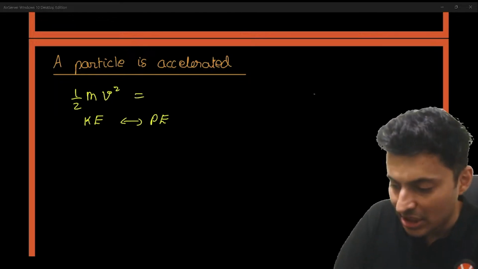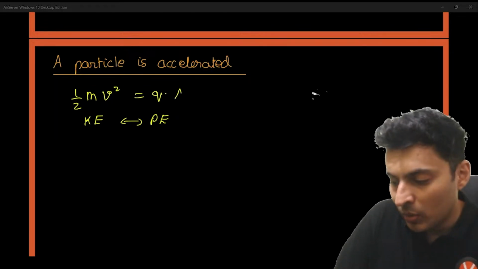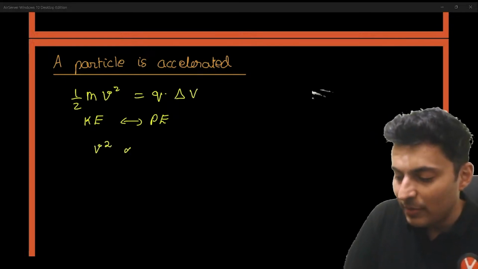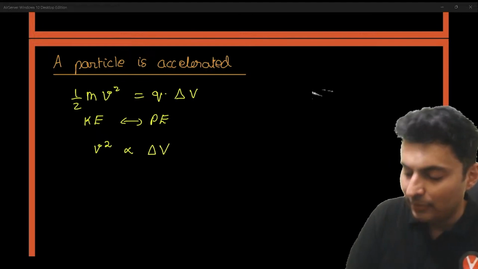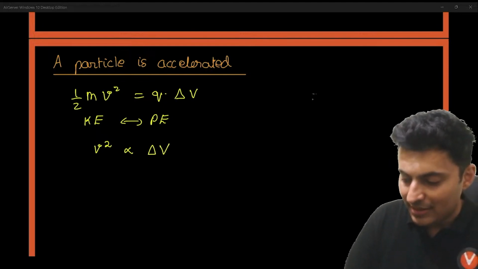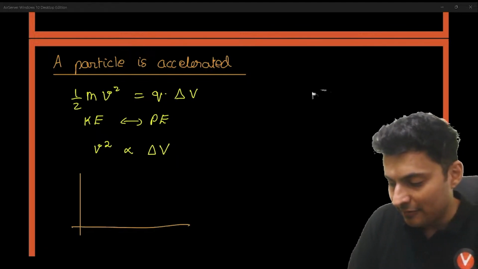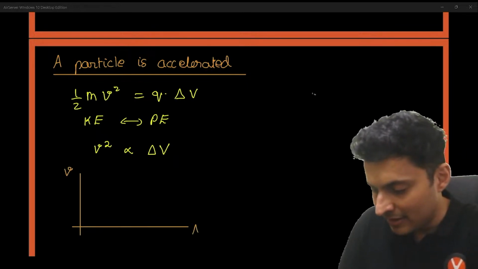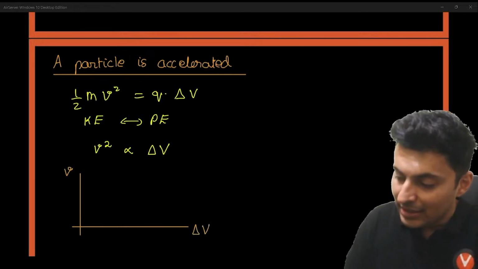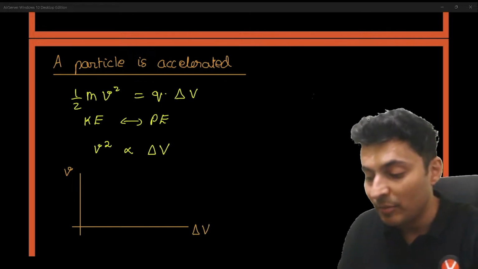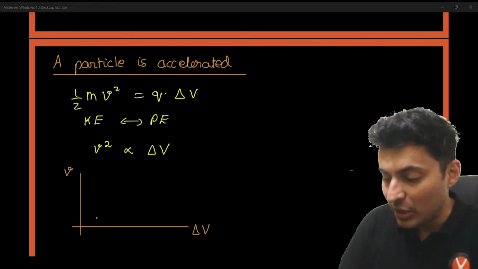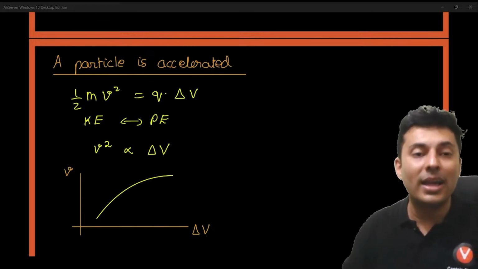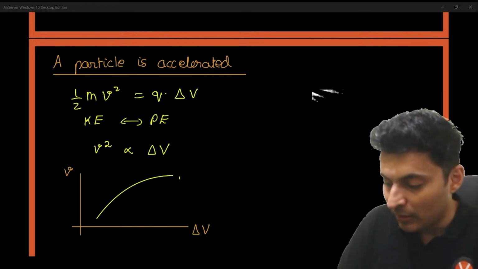So that means it will be the charge q into delta v. Therefore, the speed square will be directly proportional to the voltage difference. So if somebody draws the graph of velocity versus voltage difference, because v square is proportional to delta v, it will be a curved graph. It will be a parabola.